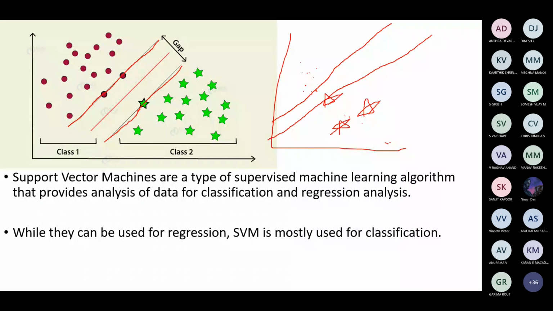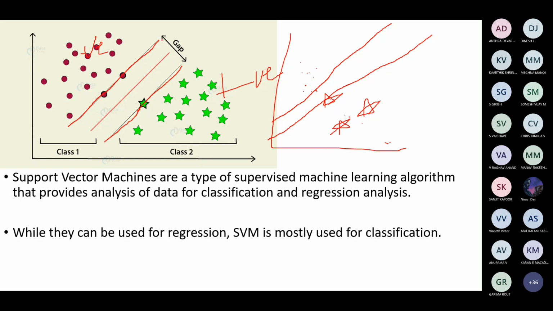Can you see? In this, there are 2 data points passing. In this, there is only 1 data point passing. If this is negative and this is positive, I take the nearest data point of the negative and the nearest data point of the positive, and pass a hyperplane through each. In between these two, I draw my actual classifier, my actual boundary.